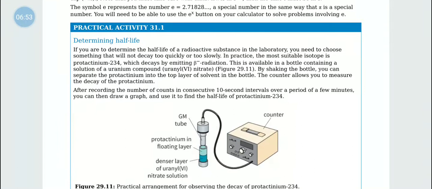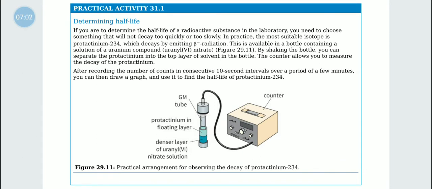Right. So now to determine the half-life of a sample, we can use this practical activity. However, we need to take something that is not going to decay within a second or two, but also wouldn't take years. So if you take protactinium-234, which decays by emitting beta negative radiation, we can allow this to decay and observe using a counter.